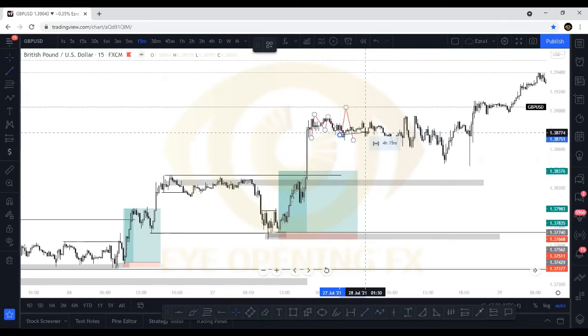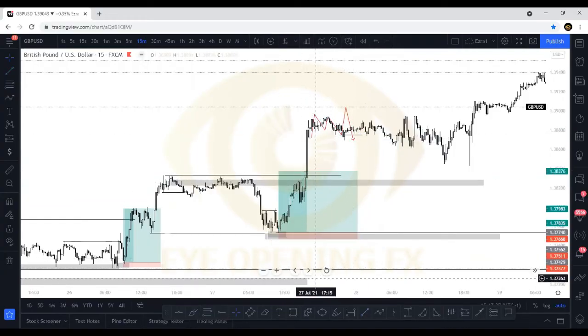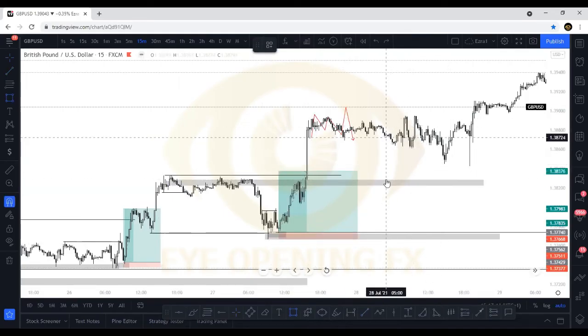But this sell is not a long-term sell. It's a short-term sell for market to grab liquidity into the secondary point of interest. Then you look for buy. That is how you follow structure perfectly.